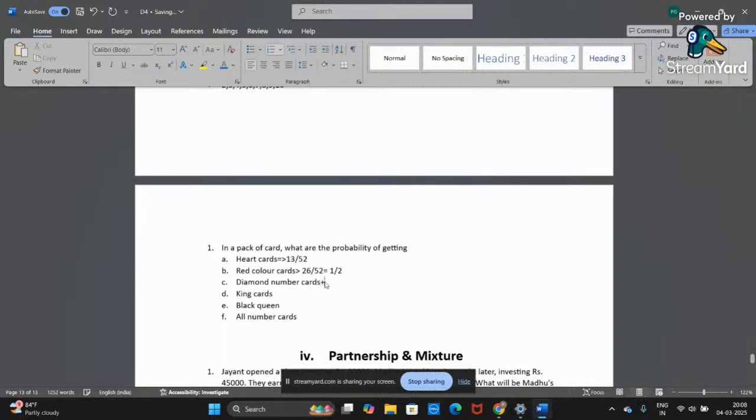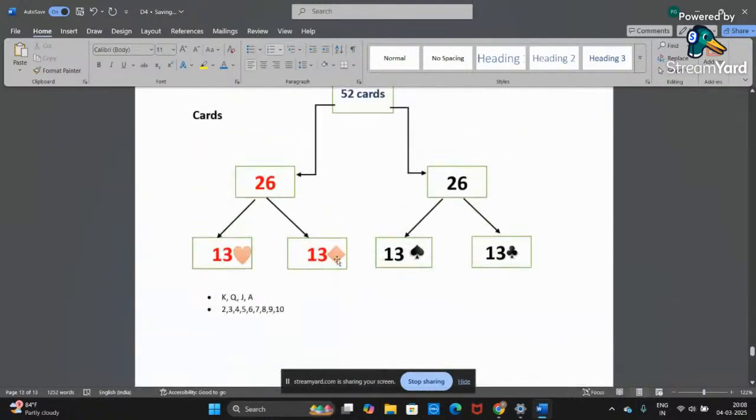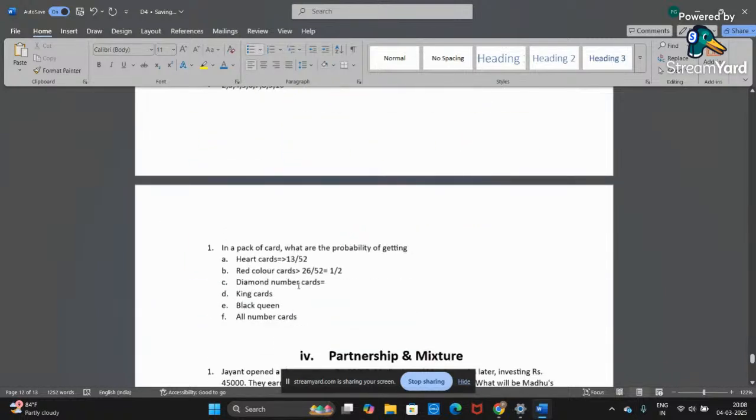Then diamond number cards. Which is your diamond? This is your diamond, right? Diamond number cards. In diamond, we'll get all these types of cards: king, queen, jack, and ace, along with numbers. They asked only for diamond number cards.